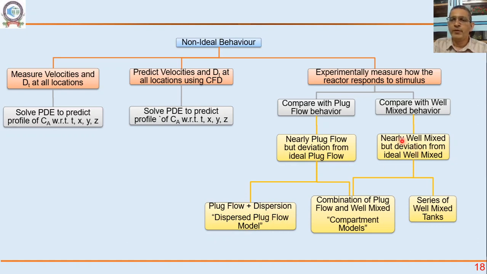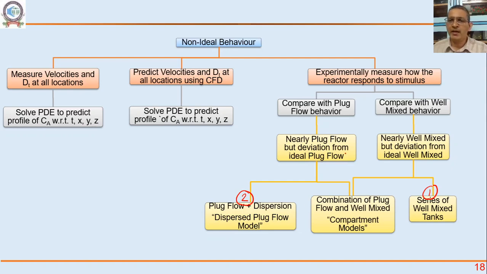Or we will say that it behaves not like well mixed, but like a series of well mixed tanks. So that is one extreme, series of well mixed tanks. This is the second extreme, plug flow with dispersion, or dispersed plug flow model.